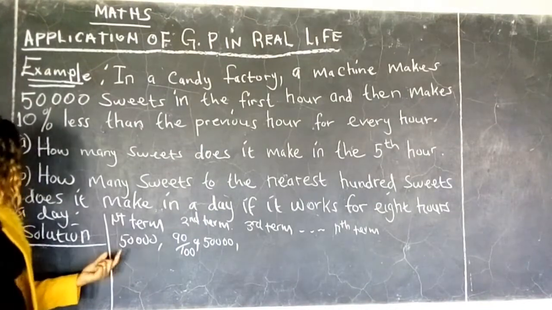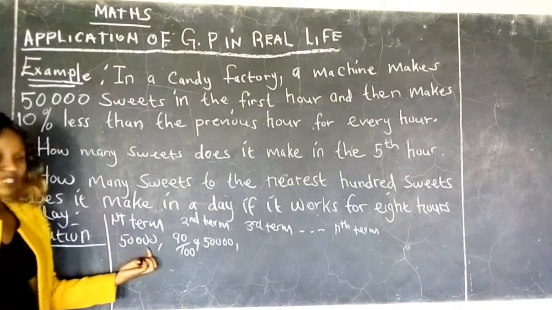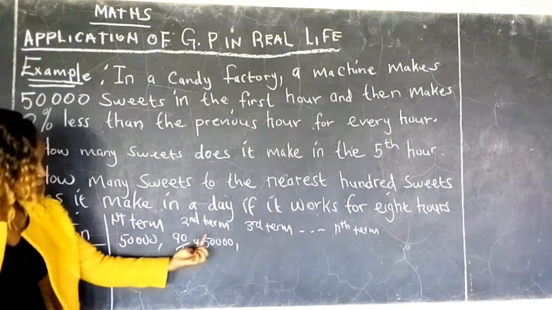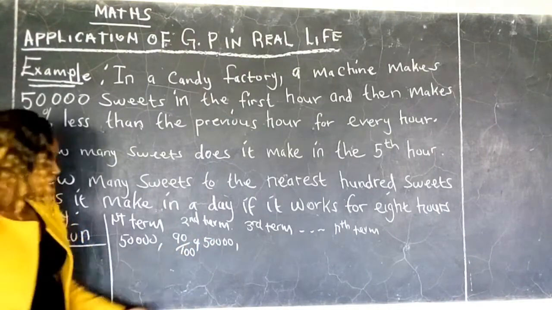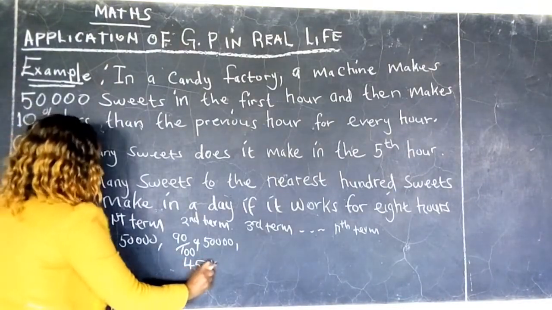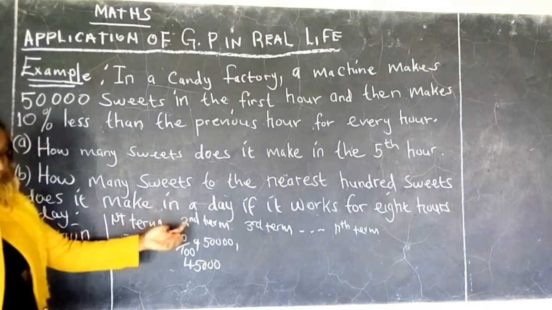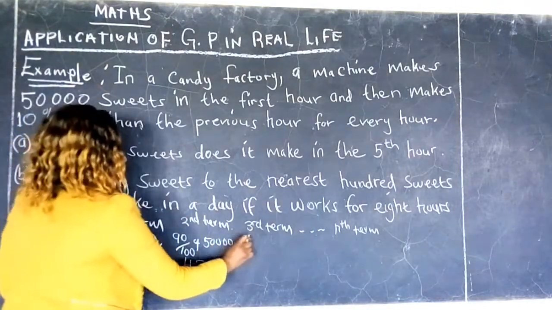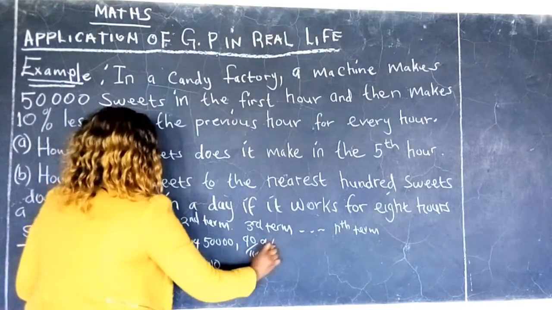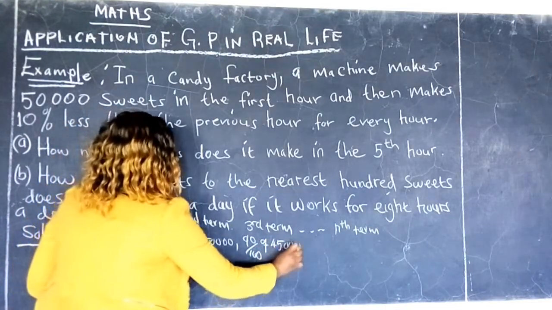So now, the first term being 50,000, the second term is 90% of the 50,000. This one will give me 45,000 as the second term. Now the third term will be 90% of 45,000.